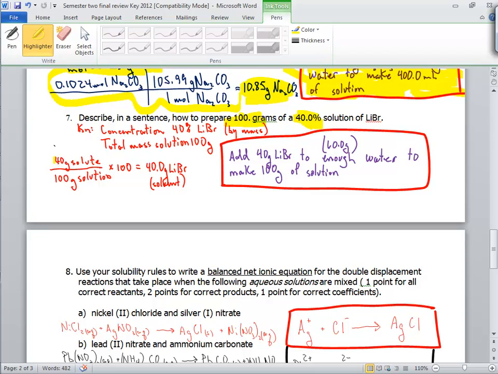In this case, 40% is 40 grams per 100, where the 100 is our total mass, and that gives us 40 grams of our solute. 40 grams is 40% of 100. So we're just going to add 40 grams of lithium bromide to enough water to make 100 grams of solution.